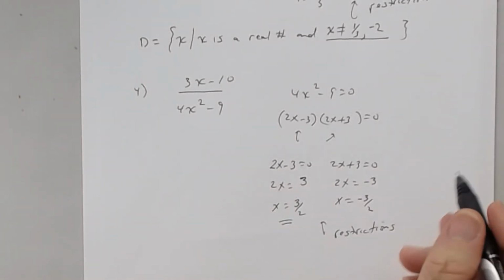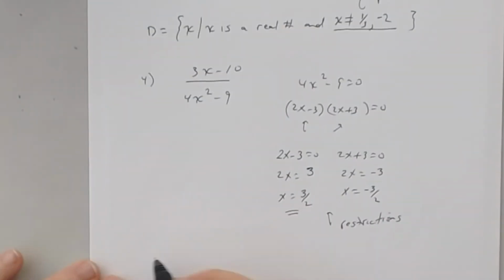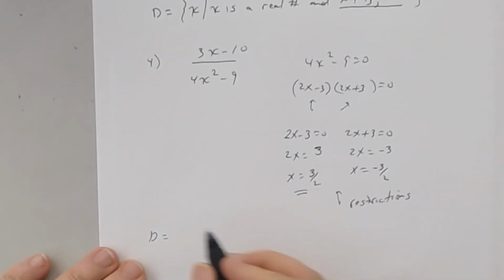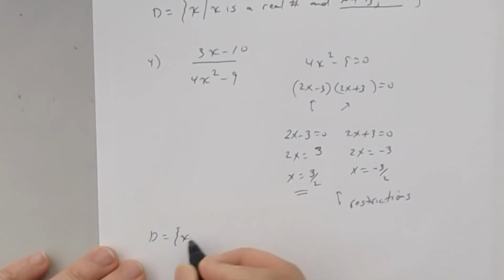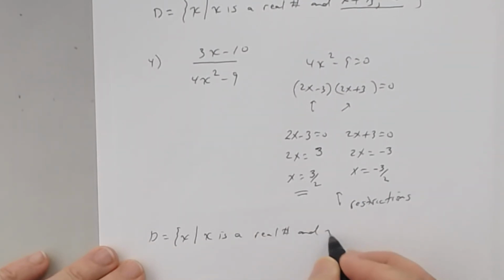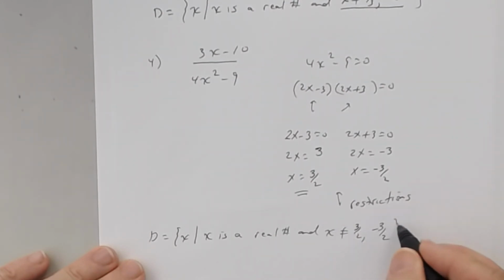Once you find those, then you know your domain. The domain, I can use any number for x except which two numbers? 3 halves and negative 3 halves. So you say the domain would be the set of x's such that x is a real number and x cannot equal what two numbers? 3 halves, negative 3 halves.